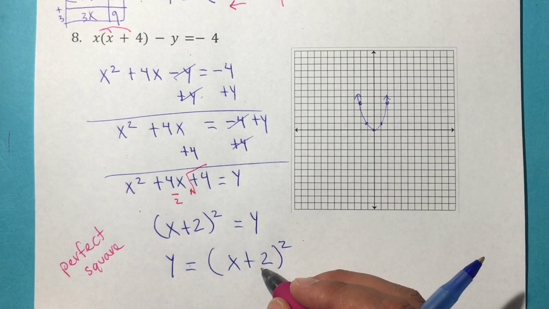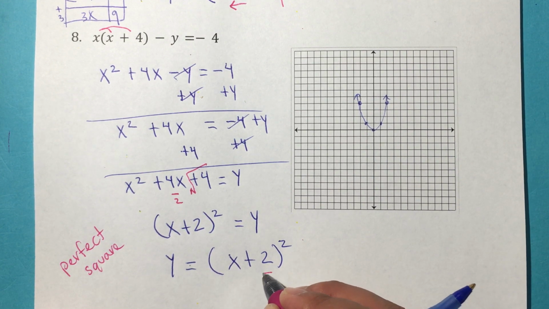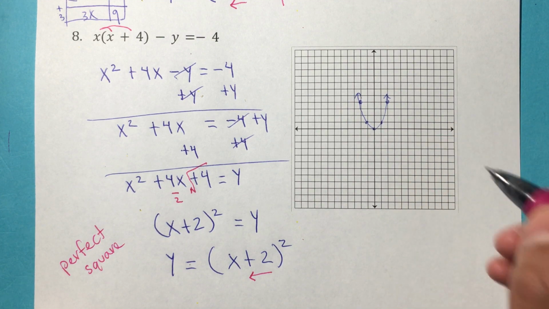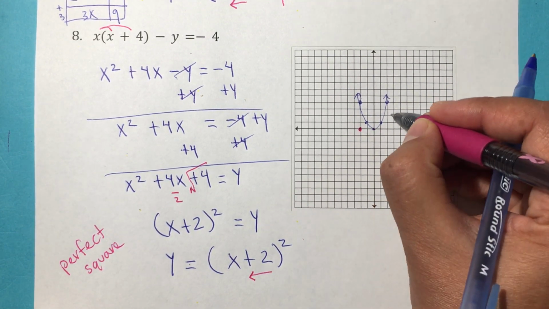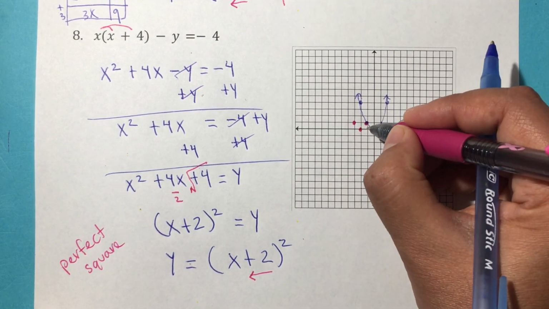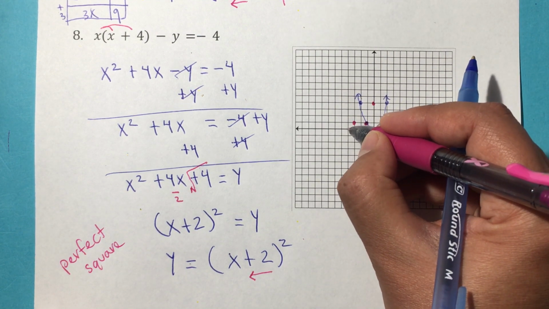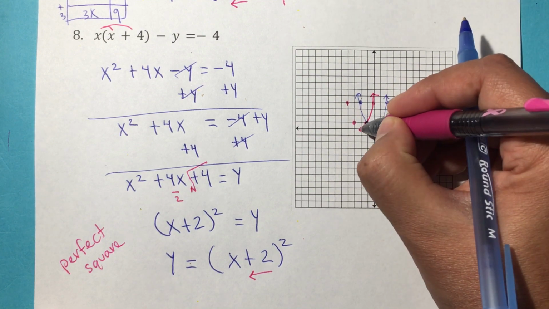You're only going to move on x, and it's the opposite, okay, which is to the negatives. So 2 spaces to the left, 1, 2, right there. And then from there you do the 2 points, which is here, and 2 spaces and 4, and 2 spaces and 4 right there. So that's my transformation.